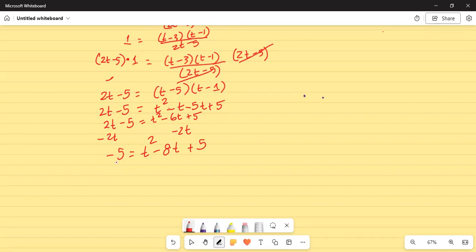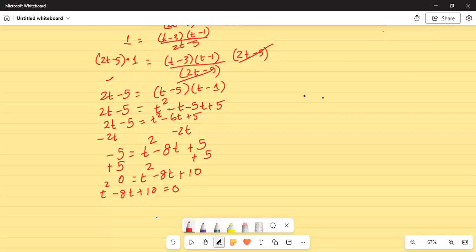Also, I need to remove the minus 5 from the left-hand side. That I can do by adding 5 on both sides. So I get 0 equal to t squared minus 8t plus 5 plus 5 is 10. So the quadratic equation I have to solve is t squared minus 8t plus 10 equal to 0.